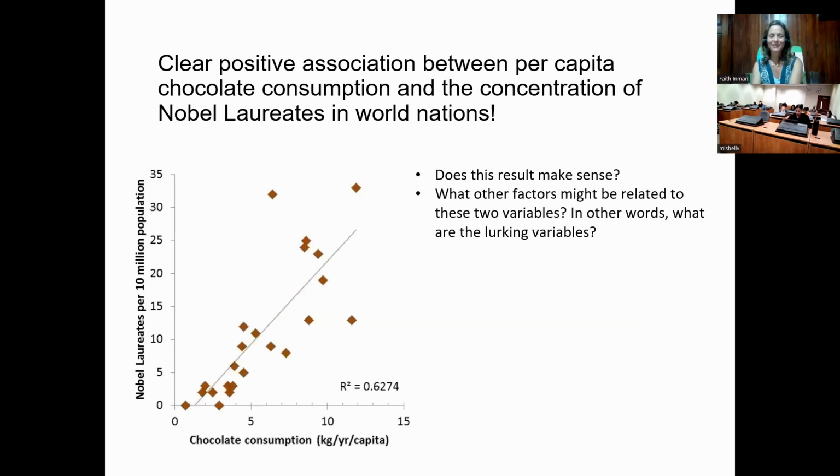For example, when researchers measured the association between chocolate consumption and the number of Nobel laureates per 10 million people in the population, with each country as an observation, they found that chocolate consumption had a strong positive relationship with the number of Nobel laureates, or the proportion of Nobel laureates in the population.